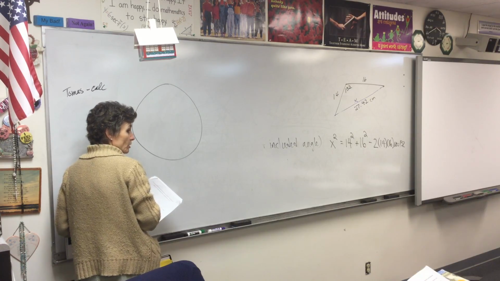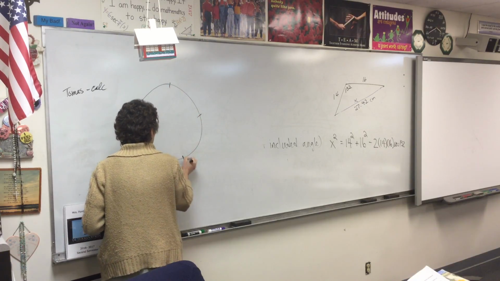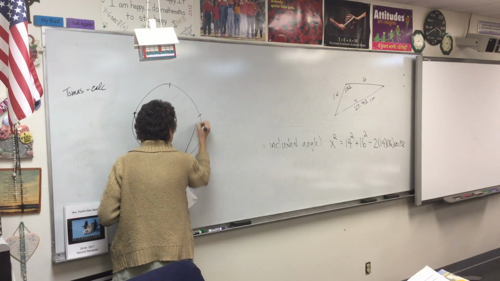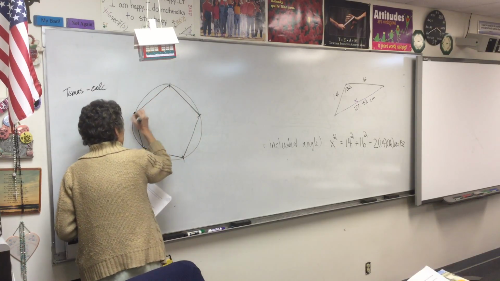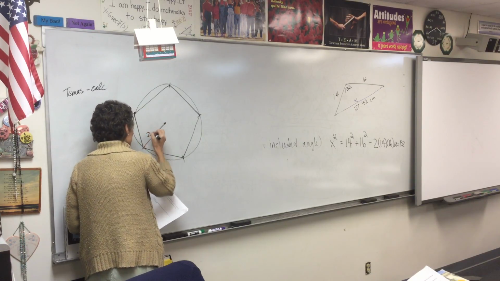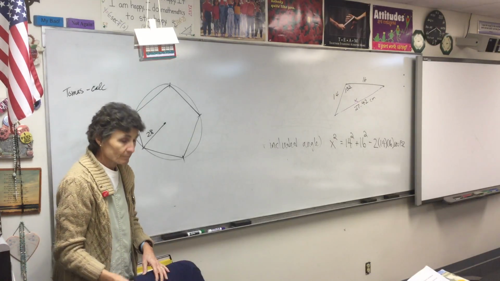Pentagon, regular pentagon. What's pentagon mean? 5. So I'm going to make 5 little hash marks and connect these dots. So there's my pentagon inscribed in a circle with a radius of 28.